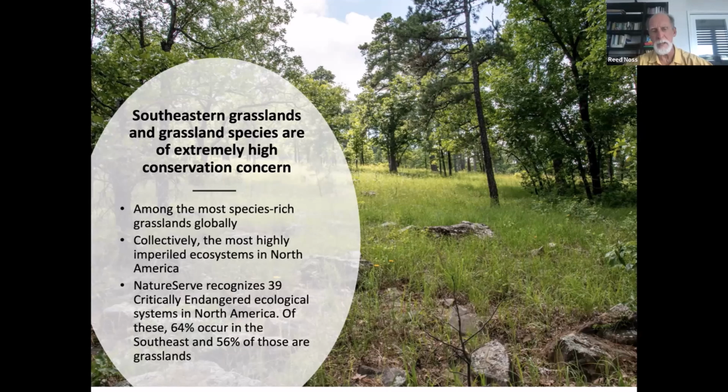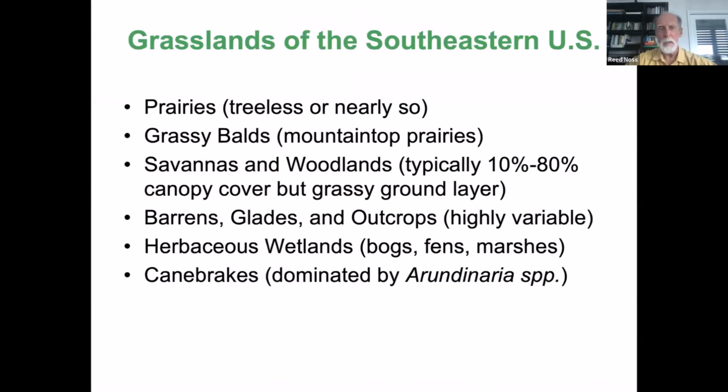And just as one example of this, NatureServe recognizes 39 critically endangered ecological systems in North America. And this is using IUCN criteria. Of these, 64% occur in the Southeast, and 56% of those are grasslands. So we're talking about a very high number.